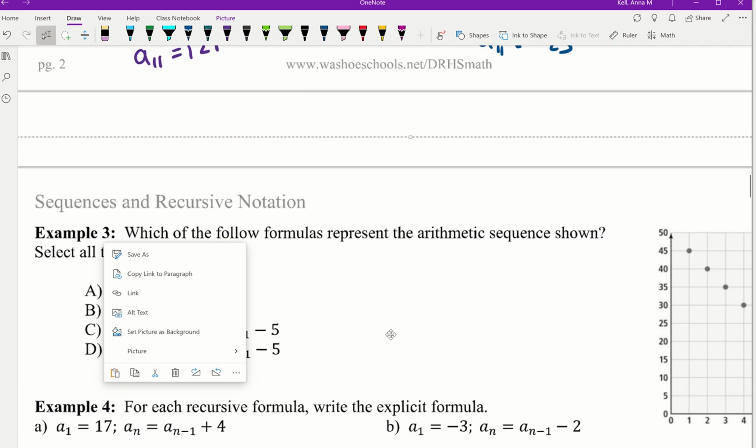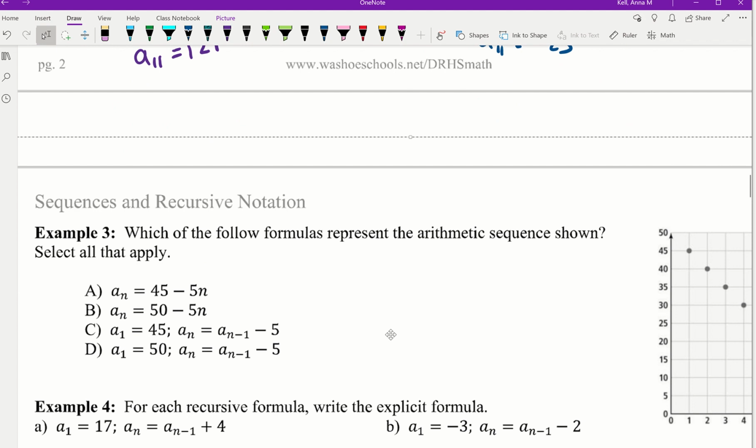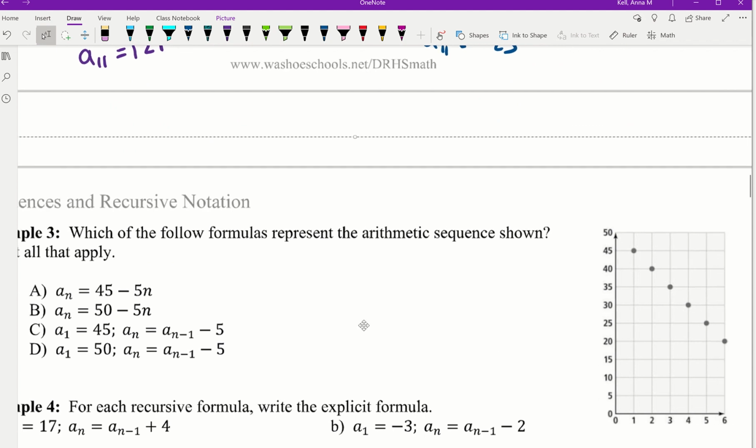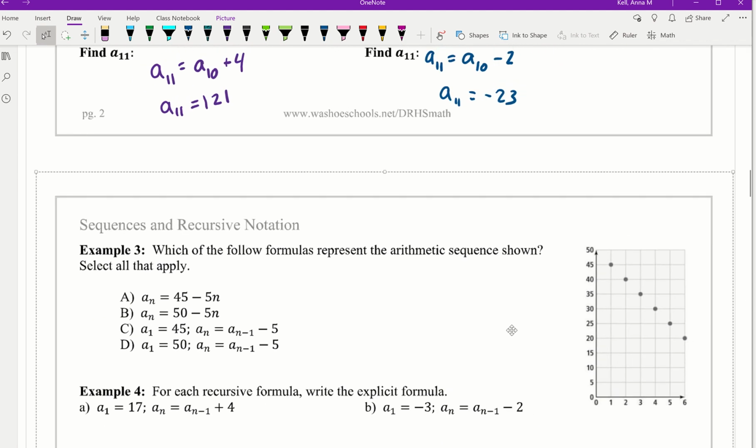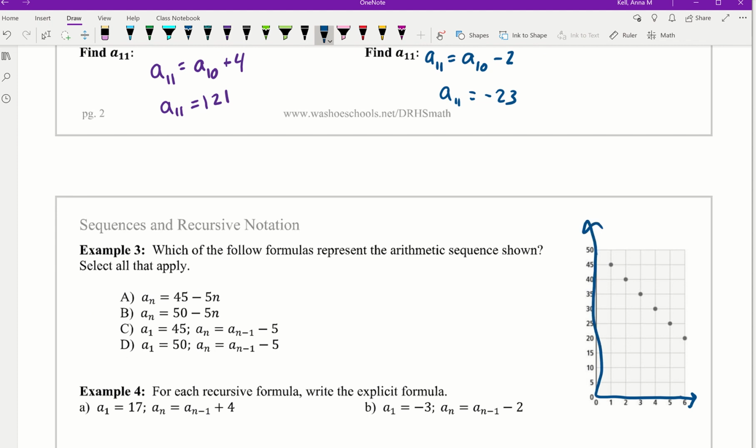All right, so let's look at how we can identify the arithmetic sequence from a graph. Okay, so we have this graph over here to the side. And if we look at this, this is actually a sequence. So I have numbers ticking up here on the x-axis. I have numbers increasing here on the y-axis, okay?